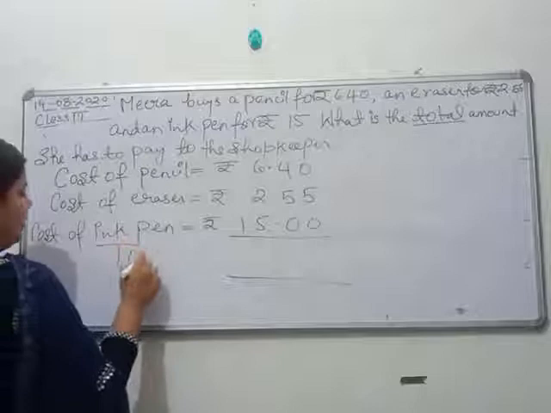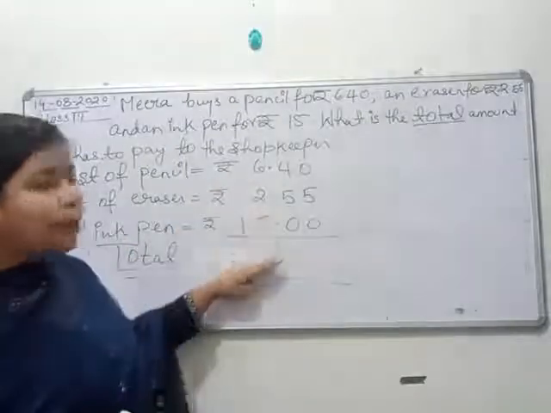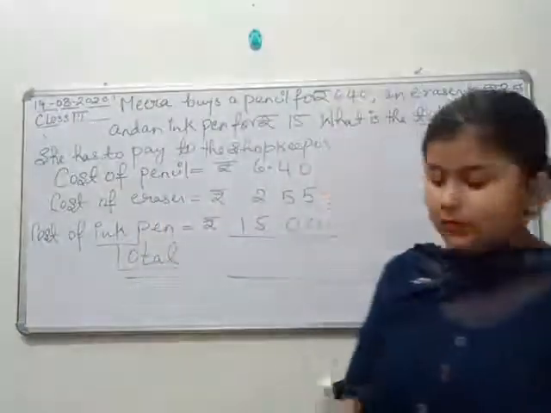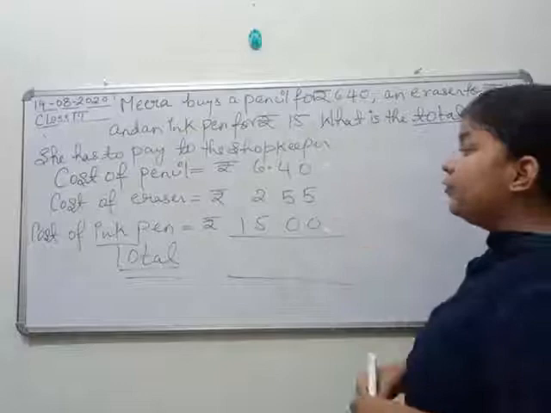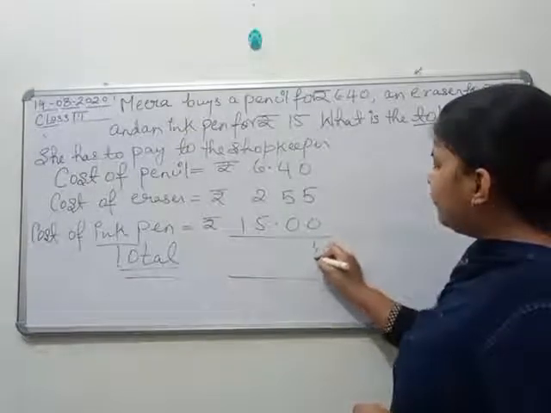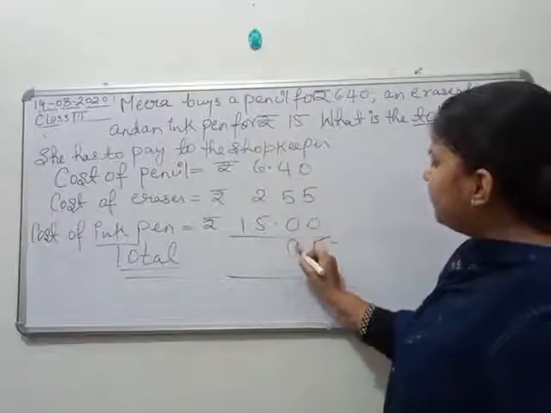Next we will find the total of these amounts. Add all these three amounts and you will get the total. 5 plus 0 you will get 5. 5 plus 4 you will get 9.